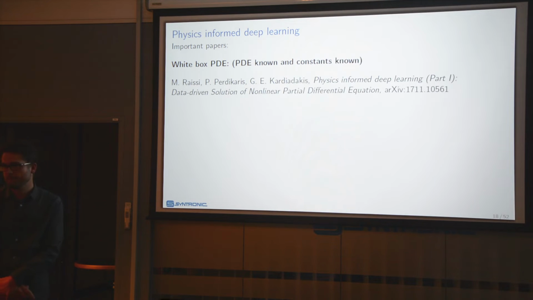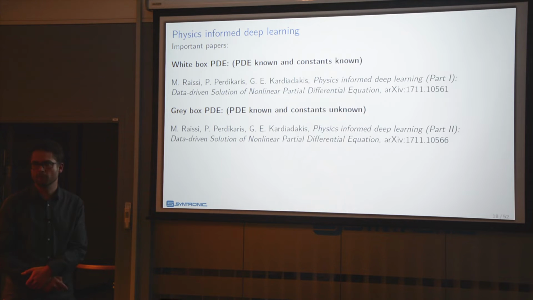So there's 3 important papers, in my opinion. The first one is what I would call white box PDE. It means that you know the PDE, you know all the constants and the coefficients in the PDE, and you just want to compute a solution. The second one, gray box PDE, you know the PDE, but there might be some constants.